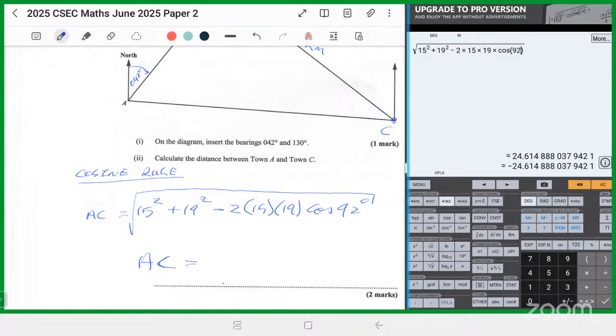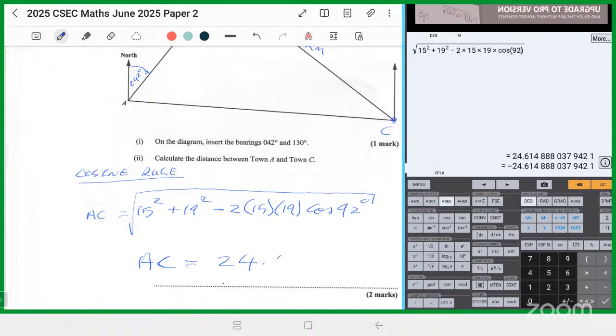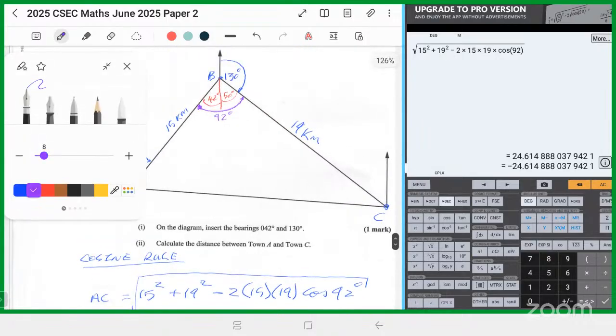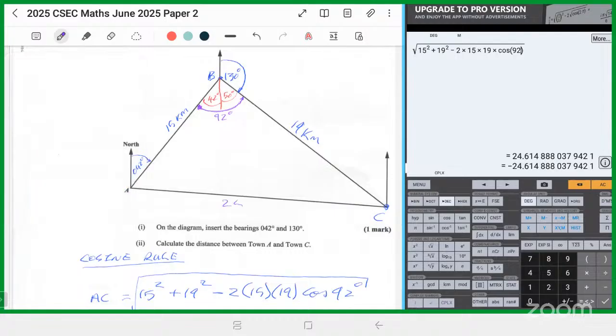That's 24.6, to 3 significant figures. 24.6 kilometers. And define it, put it on the diagram. So this side is now 24.6 kilometers, to 3 significant figures.